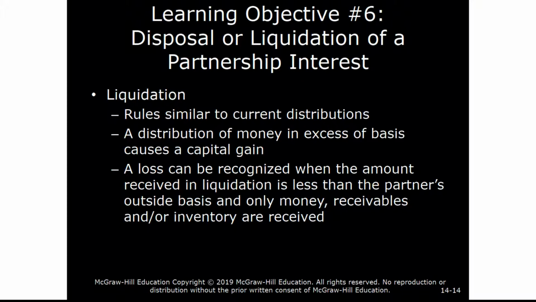Again, if a partner receives more money than their basis in the partnership, that would result in a capital gain. Now, loss can be recognized when the amount received in liquidation is less than the partner's outside basis, and only money, receivables, and these ordinary assets are received.